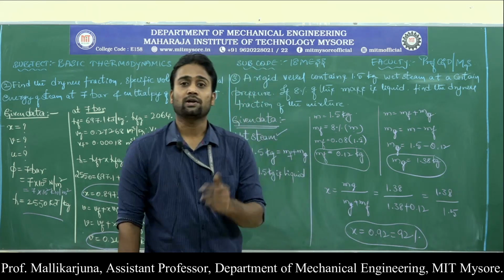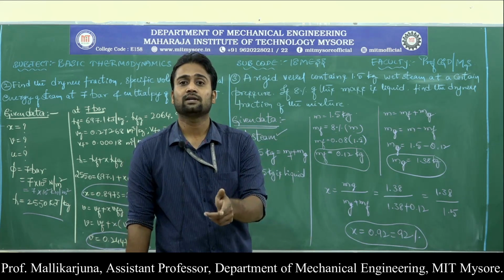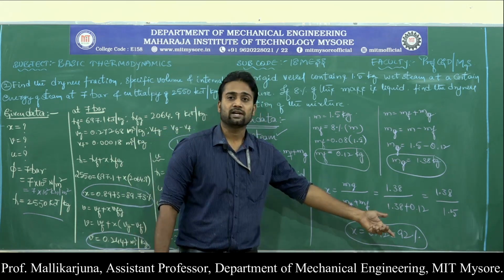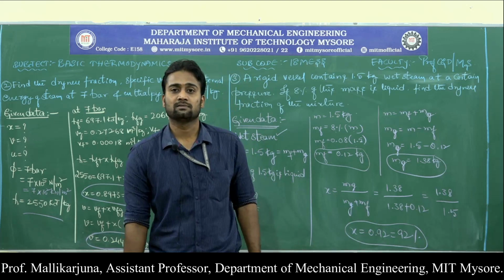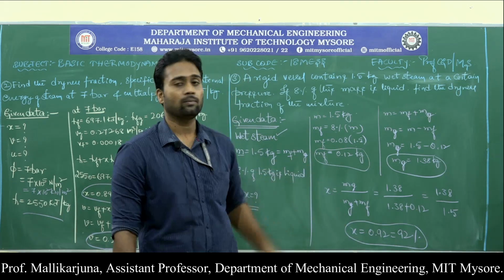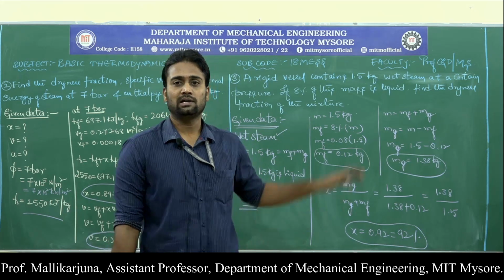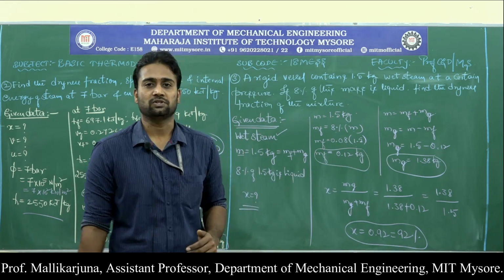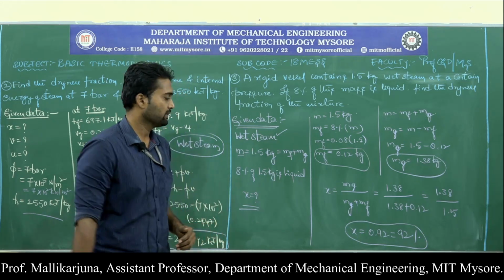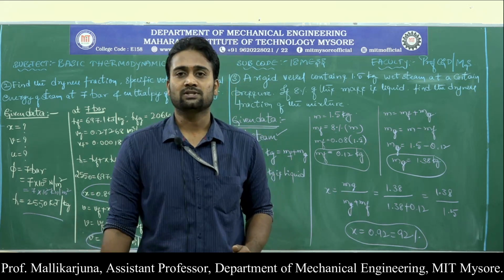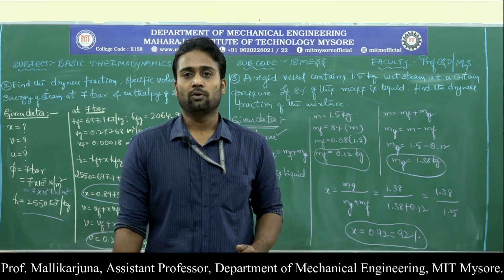If the question is what is the wetness fraction of the given steam, you can easily answer: 92% is dry, in the sense the remaining 8% is wetness. So that is how the problem needs to be solved. A different kind of problem, a simple one; we should be aware of the basic definition of dryness fraction. So this is what is for today's session. We will meet in the next session with a few more problems.